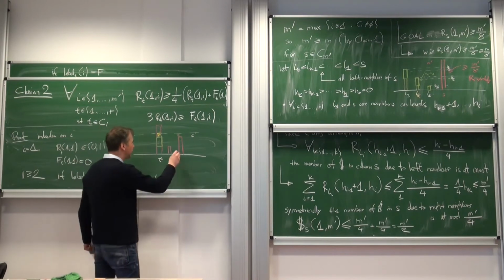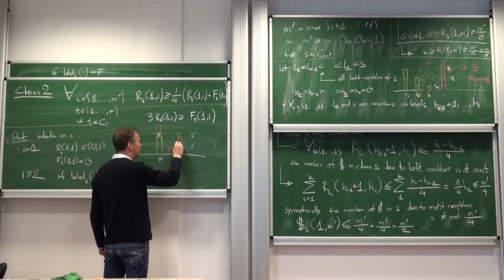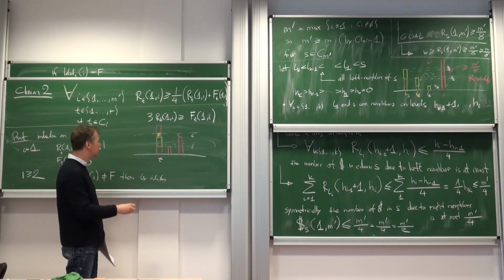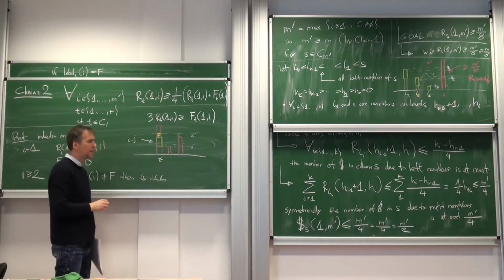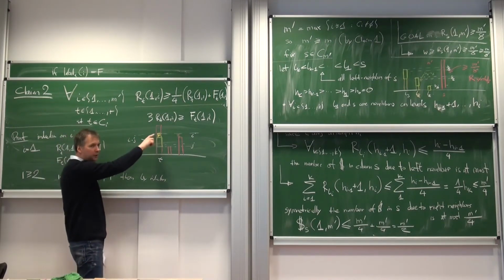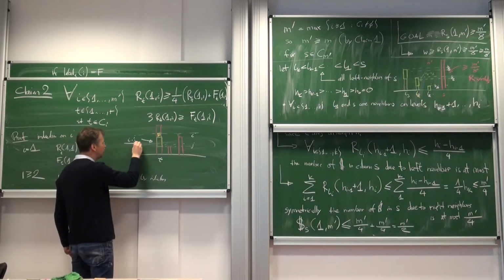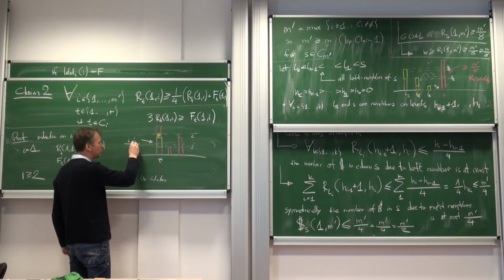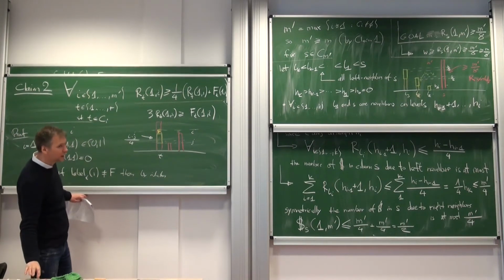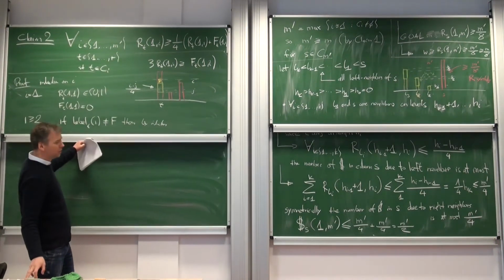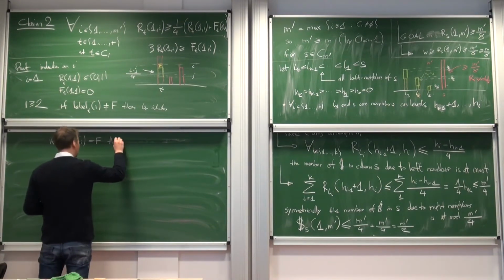So there is a level j. Let j be the first level that they are neighbors. Then the number of cells in this box again is i minus j. And the column qualified for F only if more than a quarter of the green segment here is with r's. So we get a good chunk of r's here, and this will allow us to go through the induction. So, how does it look?